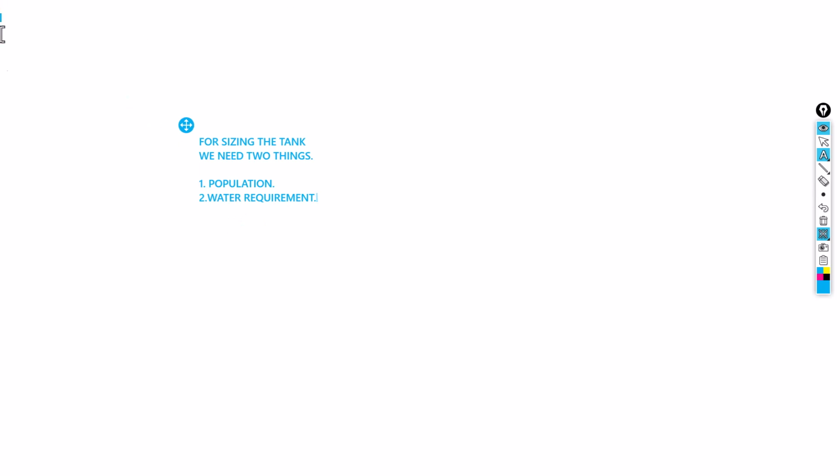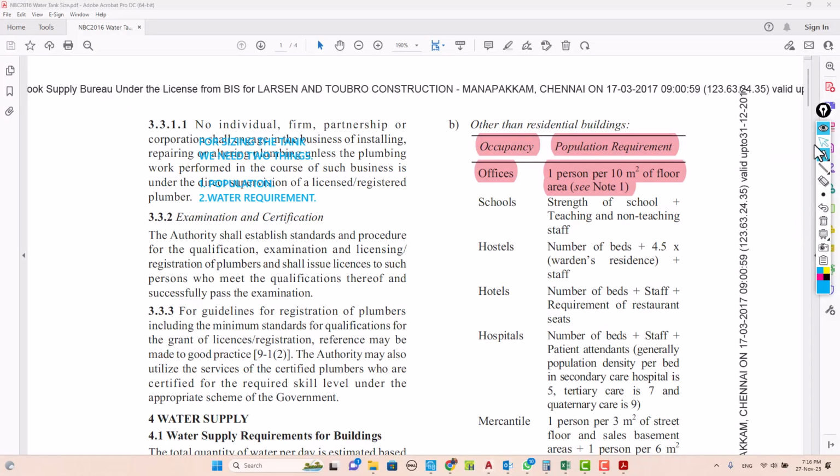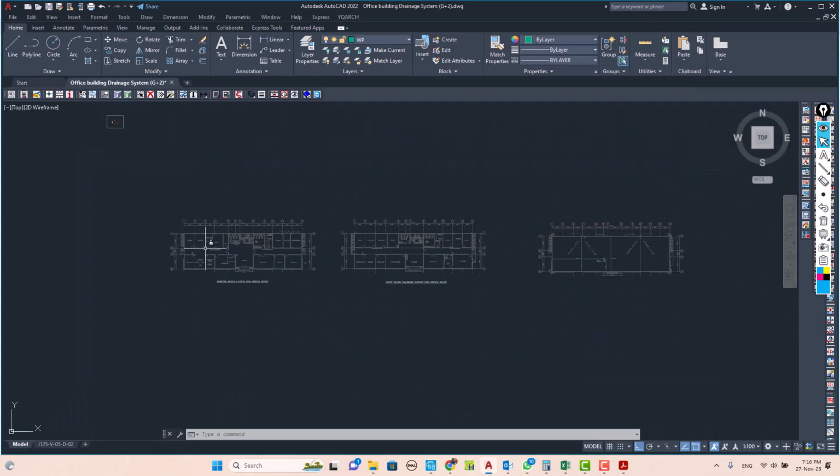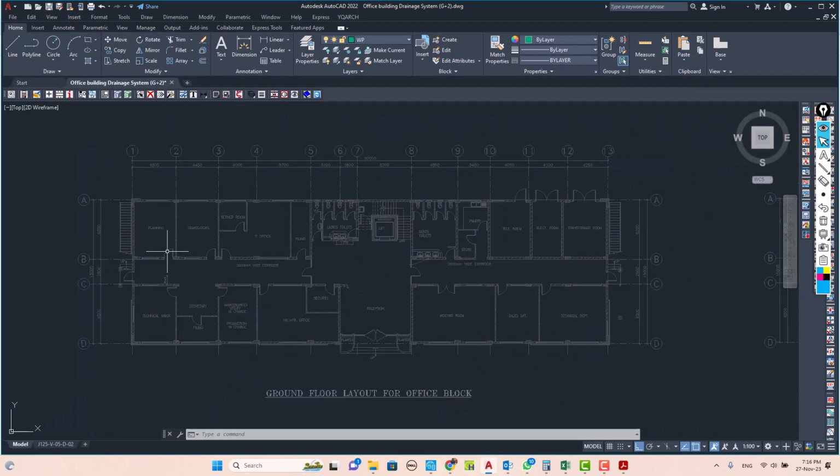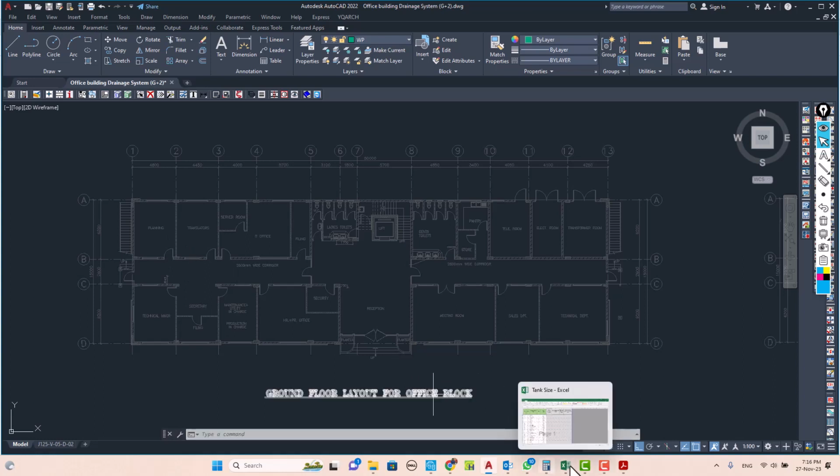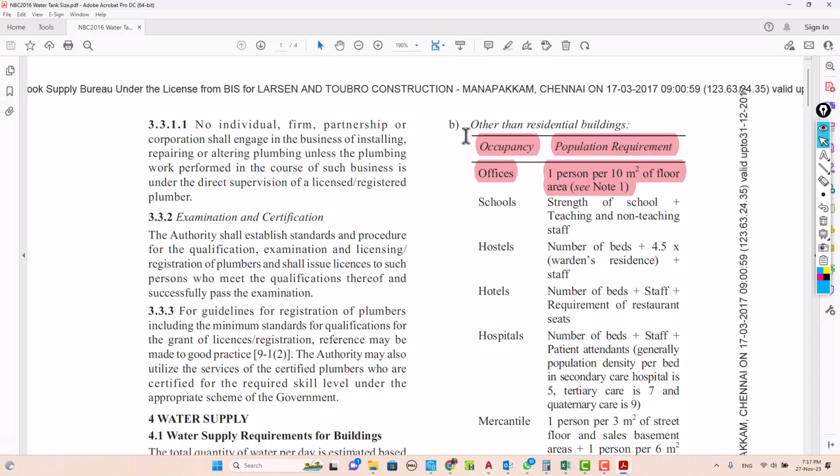Okay, so this is the office. What we need first is population. Then how will we calculate the population? Here, as per NBC, if it is an office, then we have to calculate one person per 10 square meters.